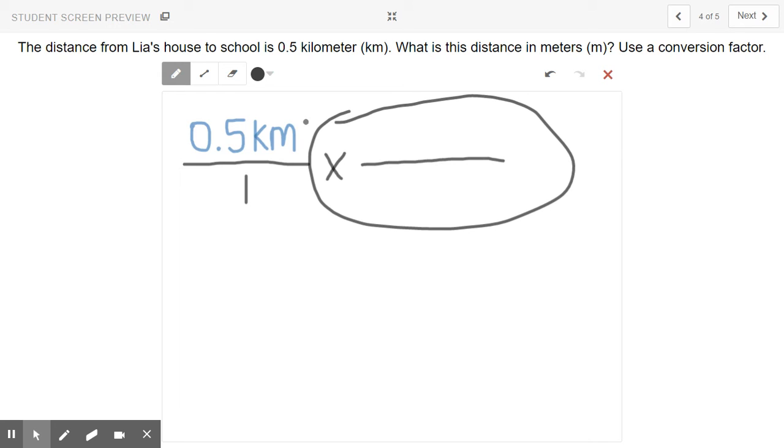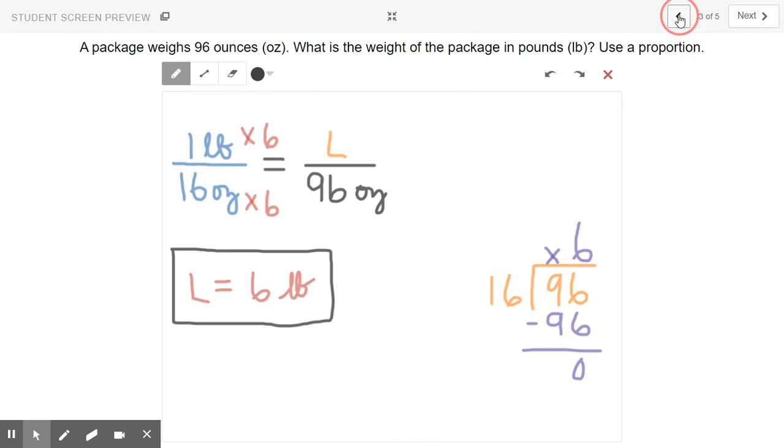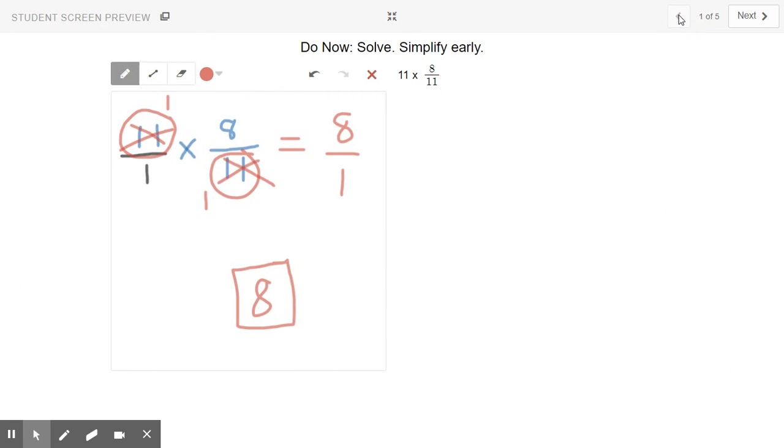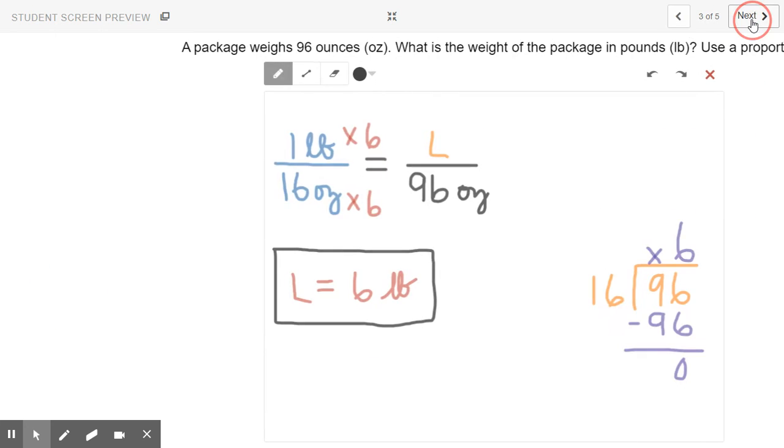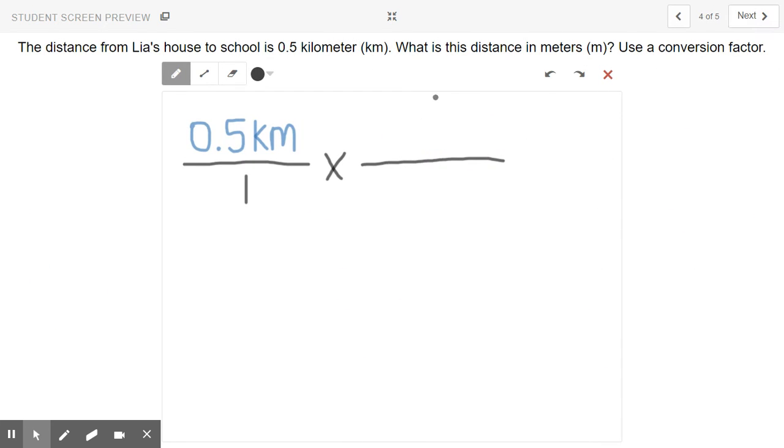That means I have to multiply 0.5 kilometers with something that would cancel the kilometers out and turn it to meters. For that one, I want you to go back to that first question, the do now. Notice how when the numerator and denominator both have the same number, they cancel each other out. That's something I want you to think of when you're doing conversion factors.